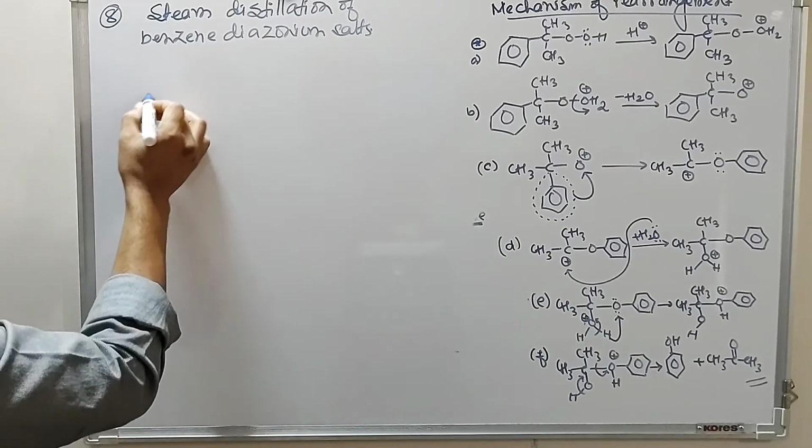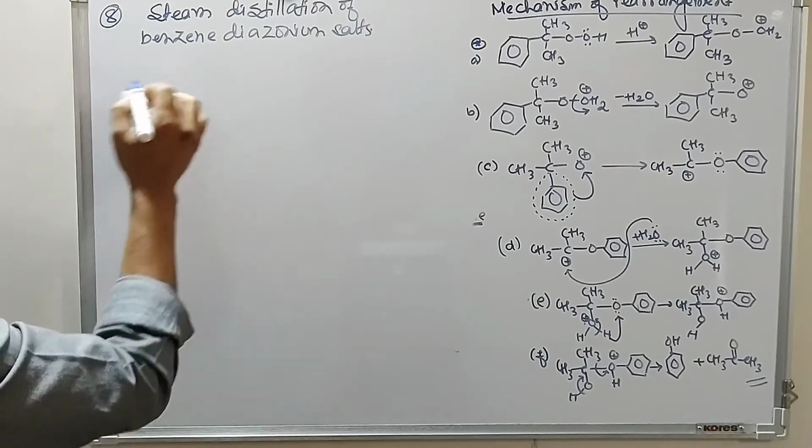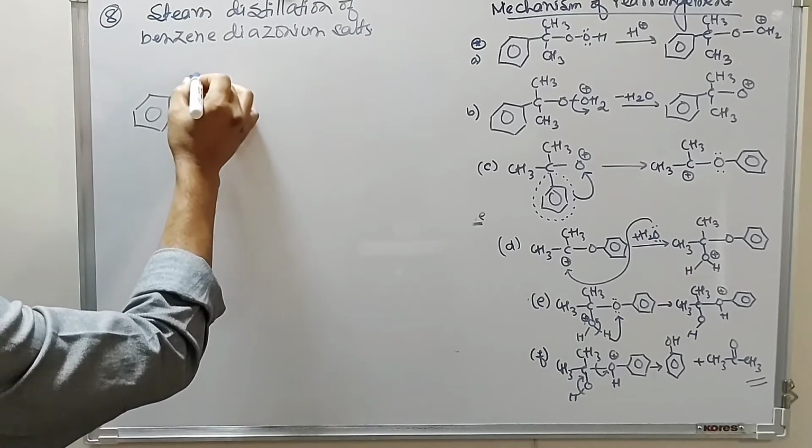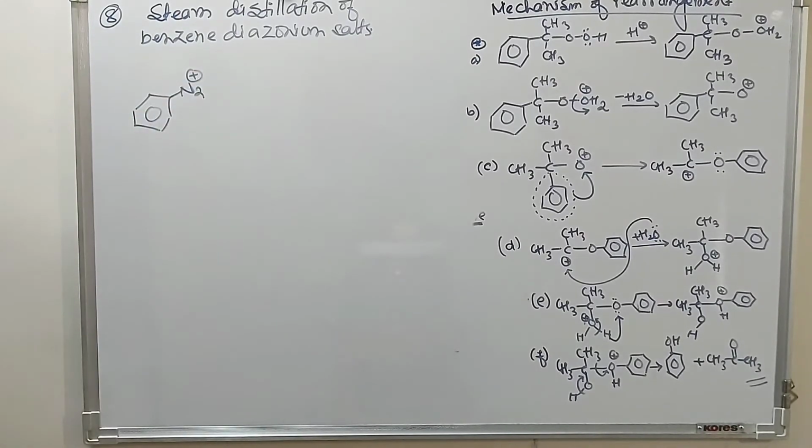So we have benzene diazonium salt. This is the benzene diazonium ion.